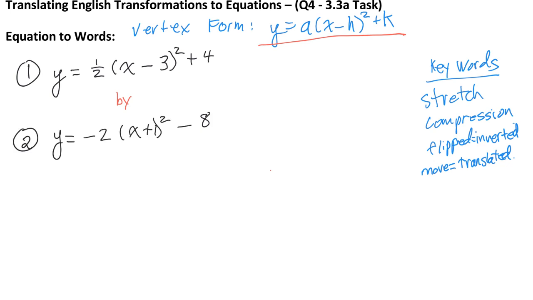Let's try this next one. So now let's use regular words to describe this. If I'm looking at this graph, the minus in front of this portion here tells us that this graph is flipped. And the 2 will tell us, because it's greater than the number 1, that this is stretched by a factor of 2.